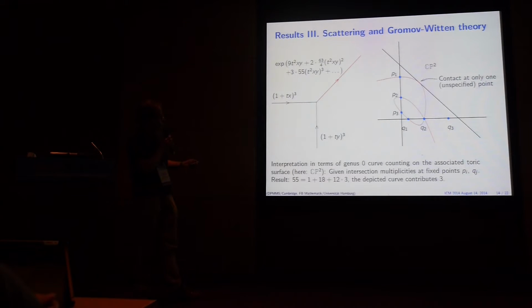So we're not allowed to cross over here. Finally, for the outgoing ray, the divisor corresponding to the outgoing ray, we demand that the curve intersects only at one point, but we don't specify which point it is. It just has to be a point of maximal tangency. So the nodal cubic that we've drawn here is one such curve.